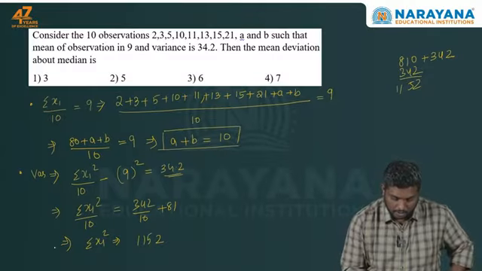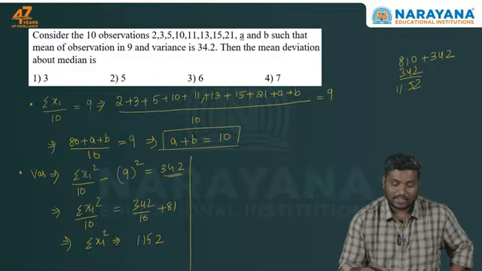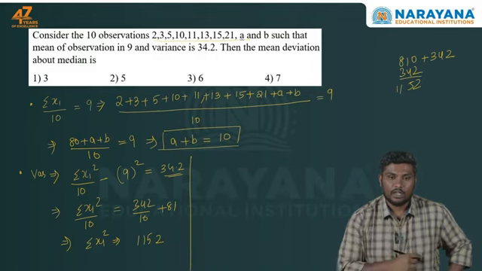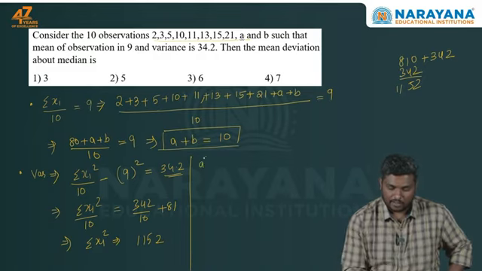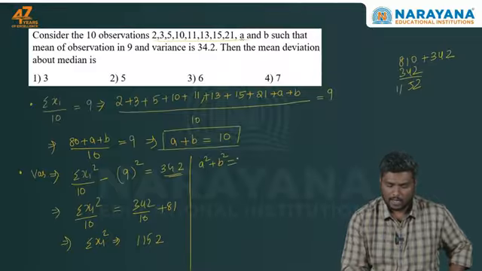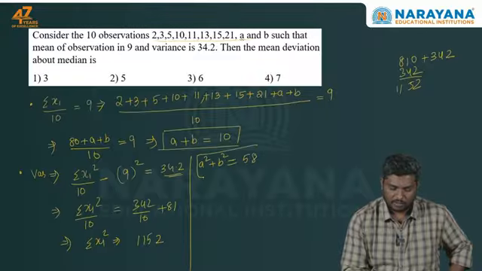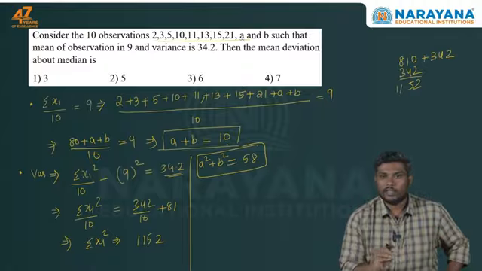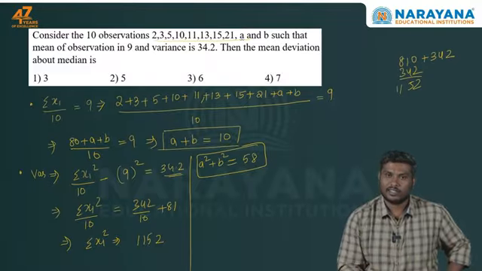Now here we need to find what sigma xi square is. From the observations given on the slide, you can clearly observe squares. You have to do the calculation part: just square up and add. Now you're going to end up with an equation: a square plus b square equal to 58. The main critical point here is the calculation, guys.